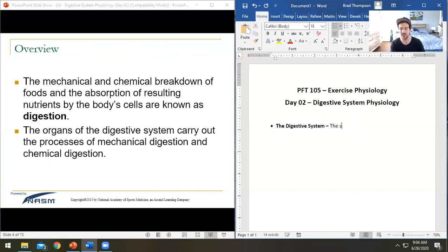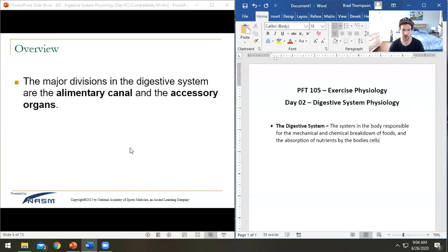It is the system in the body responsible for the mechanical and chemical breakdown of foods and the absorption of nutrients by the body's cells.